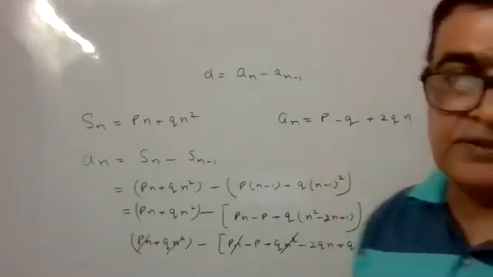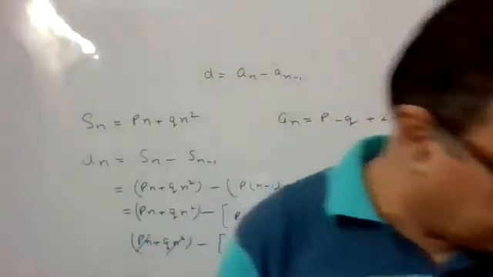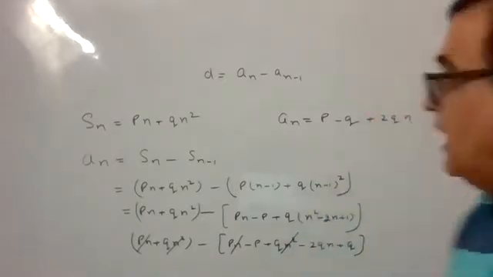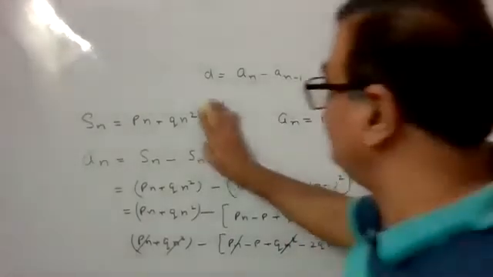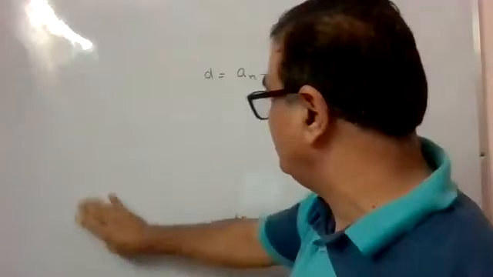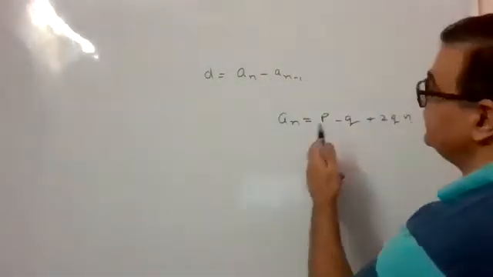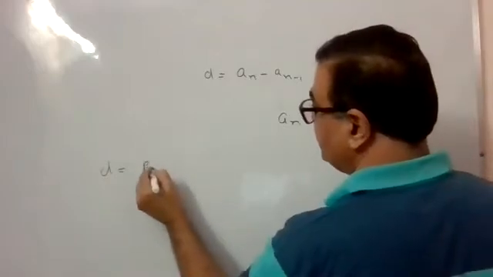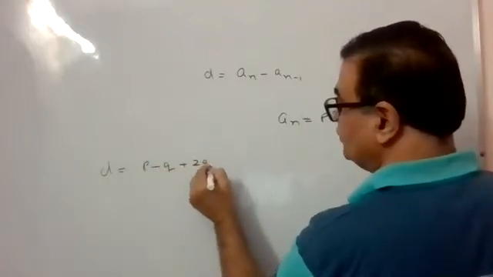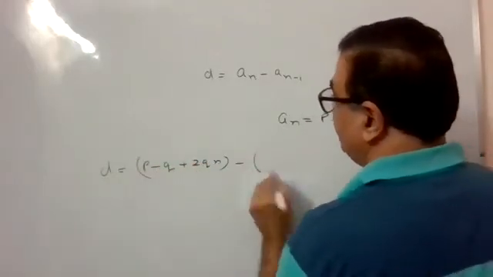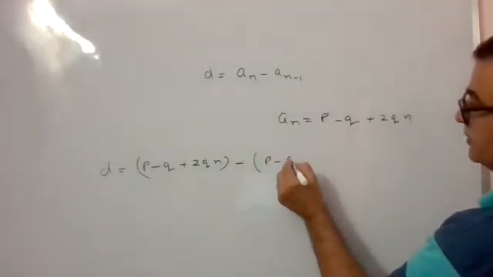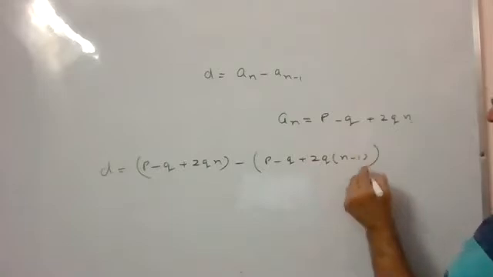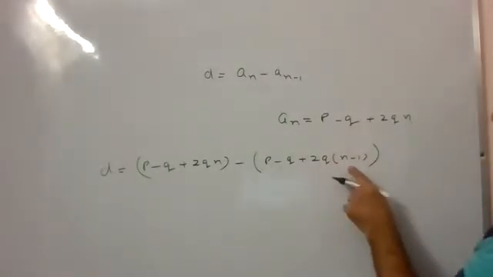After getting this, now I want D to be calculated. So D you can calculate when your An is known. So An is this, so I calculate D now. First is An, which means P minus Q plus 2Qn, minus a n minus 1, which is P minus Q plus 2Q into n minus 1.